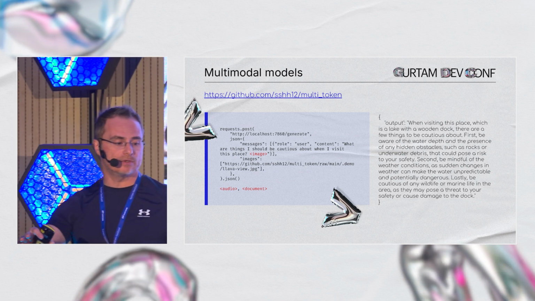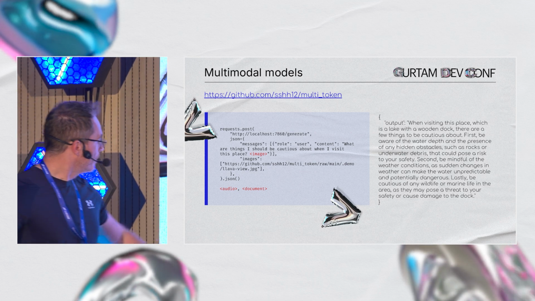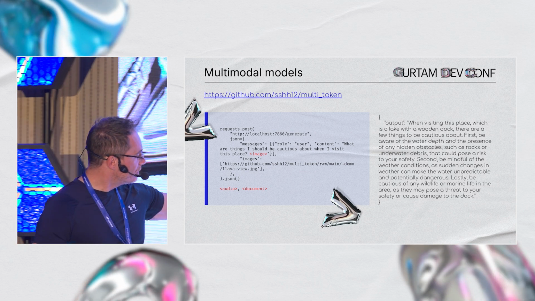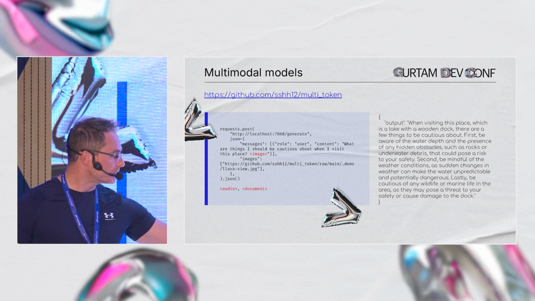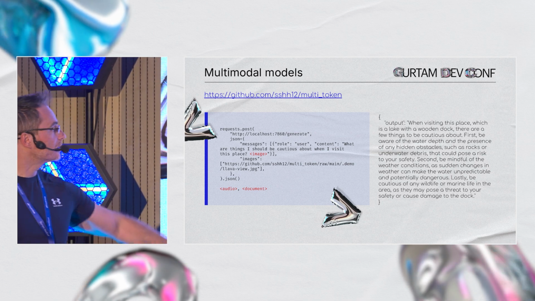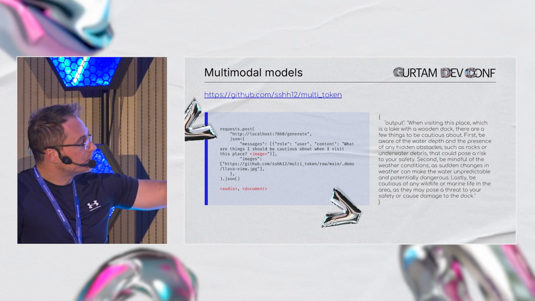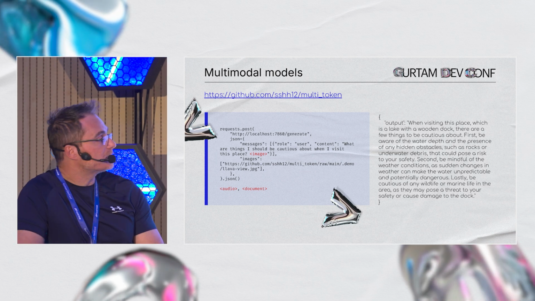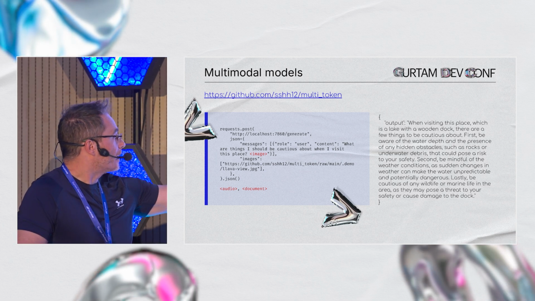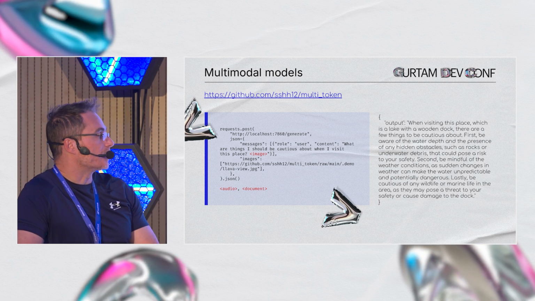Whoever uses ChatGPT already knows this kind of syntax. But in this case, you can also use, for example, images. You simply pass the path of your image, and everything does the magic. Having in reply this kind of output. So in this case, I asked something about the image, and here there is the answer.